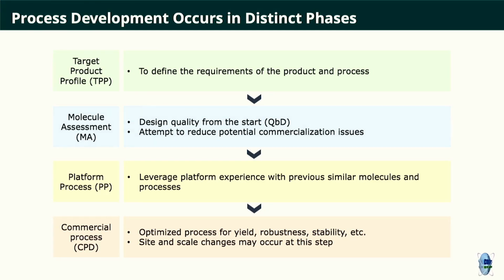Now, second is process development that happens in development. So now you find a molecule, दो तीन ये हैं. So process development happens in various distinct phases. We have given this term like TPP, total product profile. What is total product profile? We are defining the parameters that are needed for a product and process to be developed.